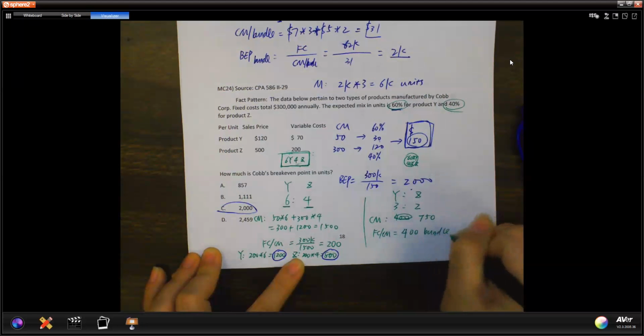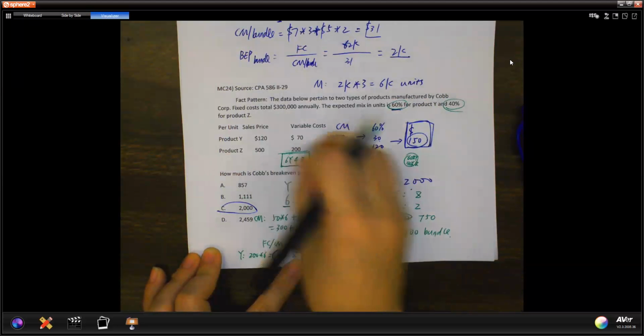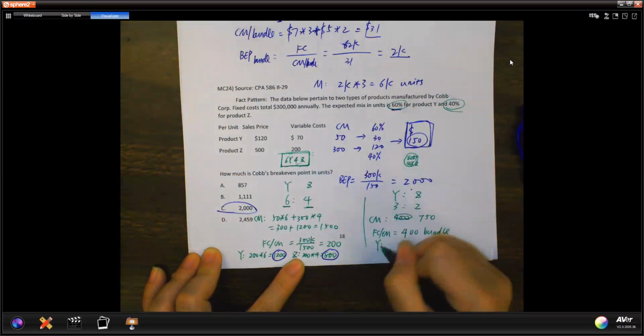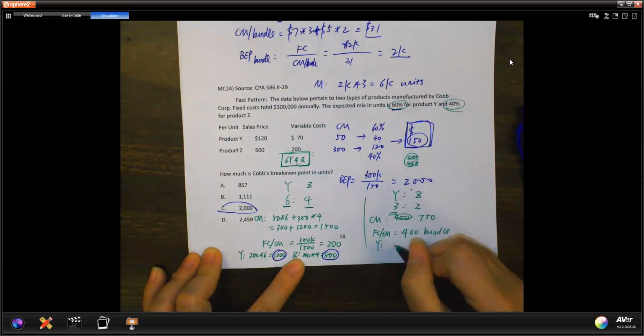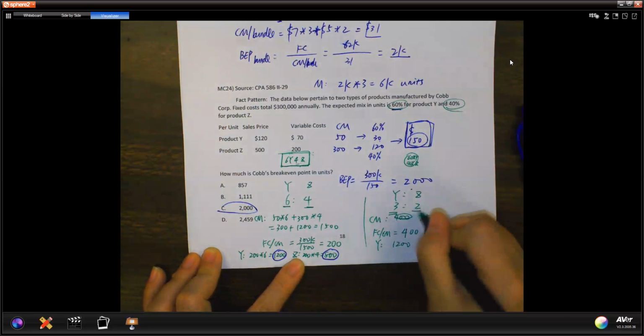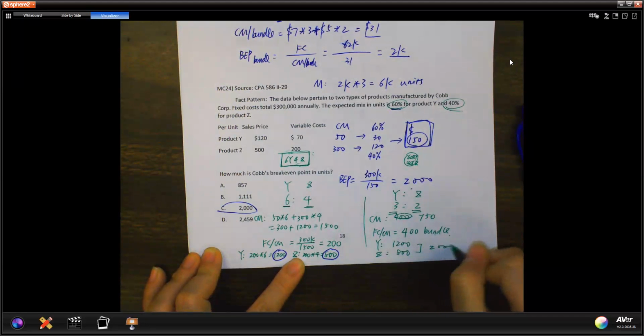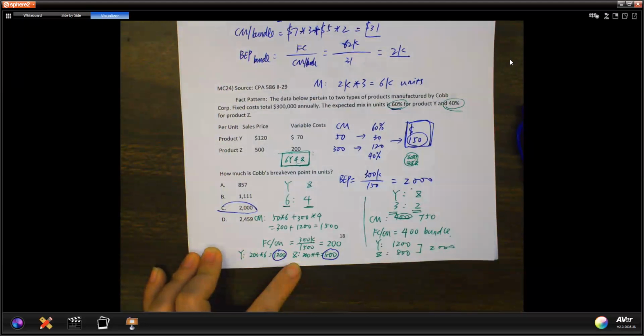Each bundle has 3 Y, so Y will be 1,200, and 2 Z, so Z will be 800. You still have a total of 2,000 units.